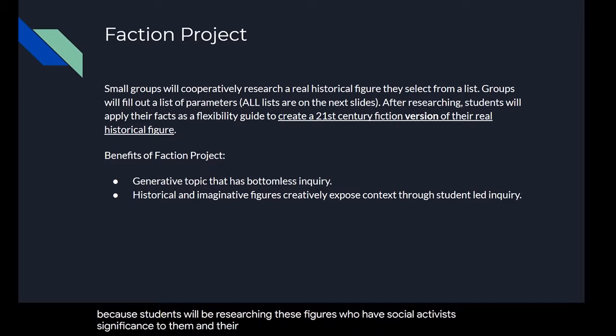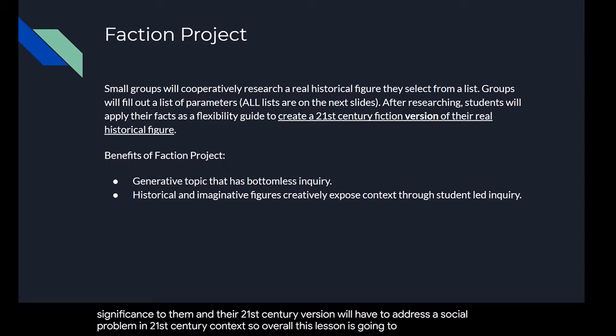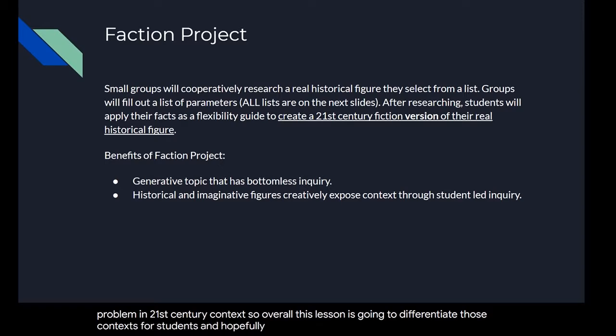And their 21st century version will have to address a social problem in 21st century context. So overall, this lesson is going to differentiate those contexts for students and hopefully expose bias and stereotypes that don't belong in a certain time period.